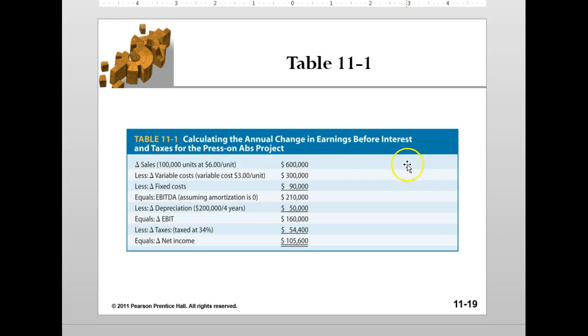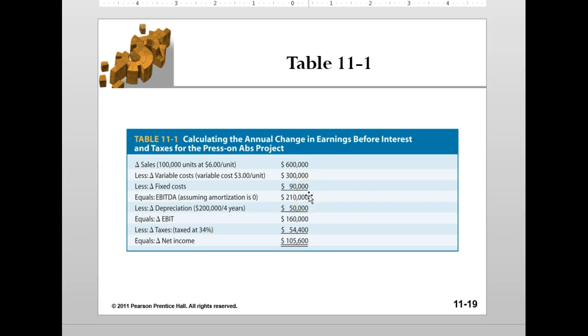Okay, here's calculating the annual change in earnings before taxes and interest. So you're selling 100,000 units, you've got $600,000. Here's your variable cost you take out. Then you take out your fixed.